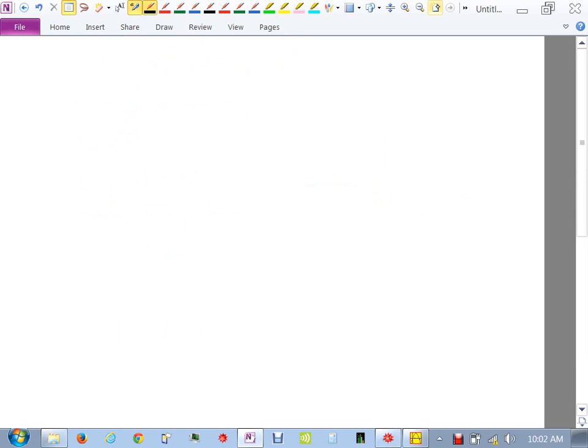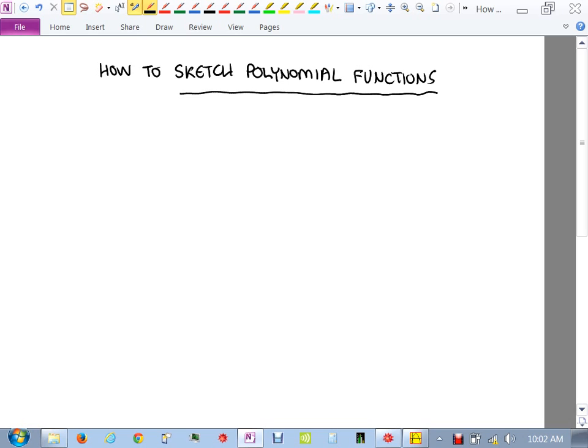I mean, if we were trying to explain how to sketch polynomial functions, if you were to be giving yourself a set of steps, the first thing you would want to do is find the left and right behavior, right?